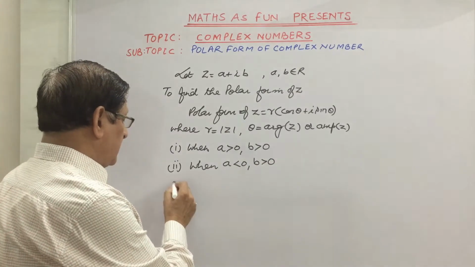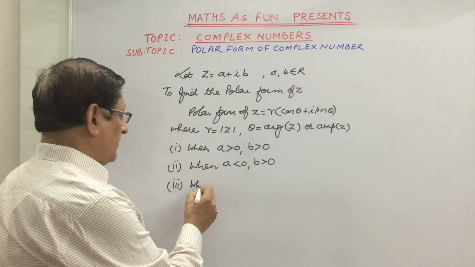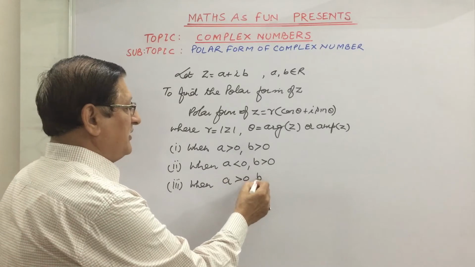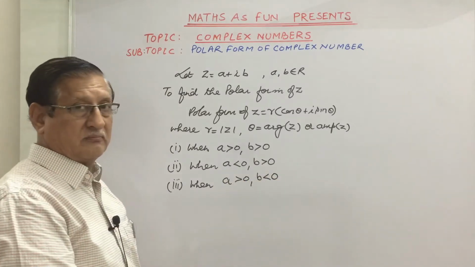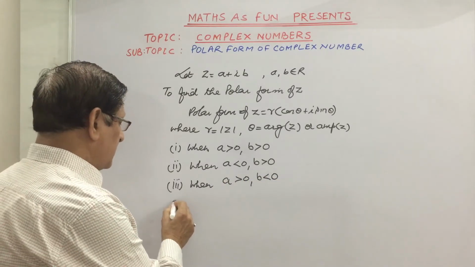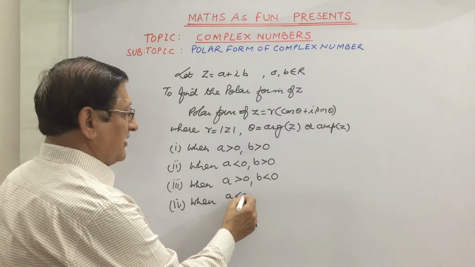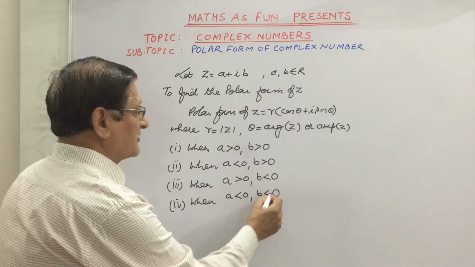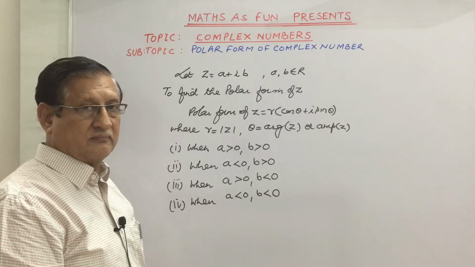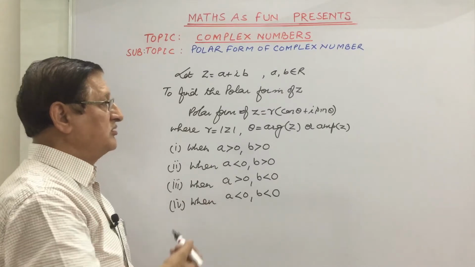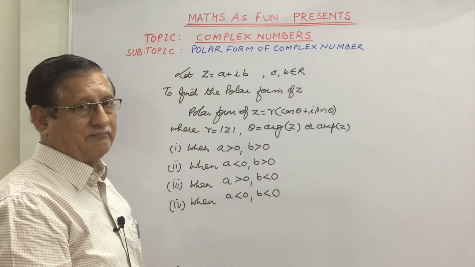Third case may be when a is greater than 0 and b is less than 0. And the fourth case may be when a is less than 0 and b is also less than 0. We will take all the four cases and learn how to find out the polar form of them.